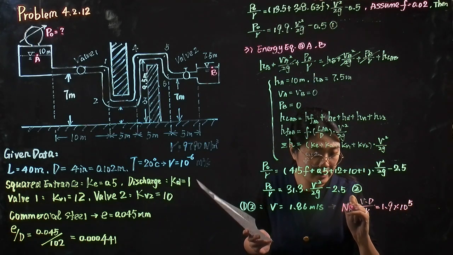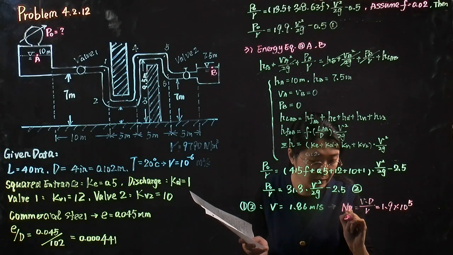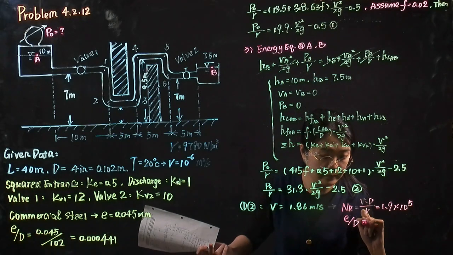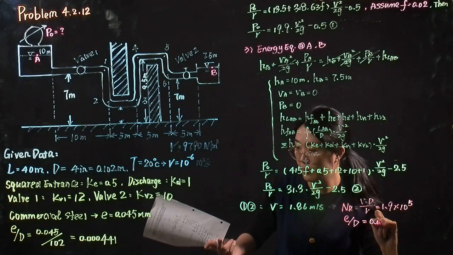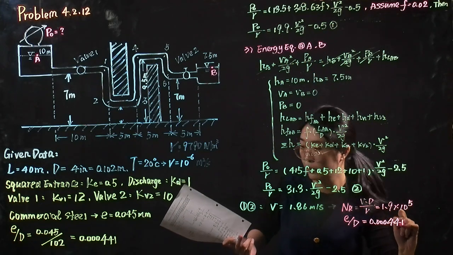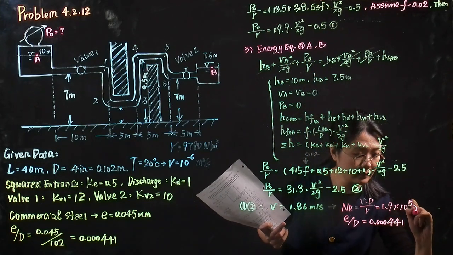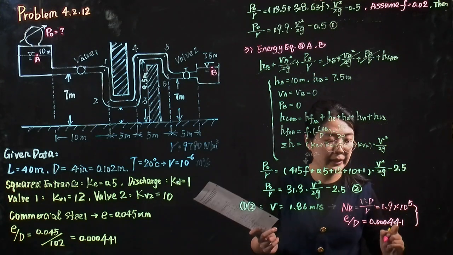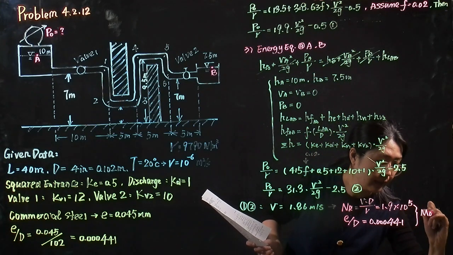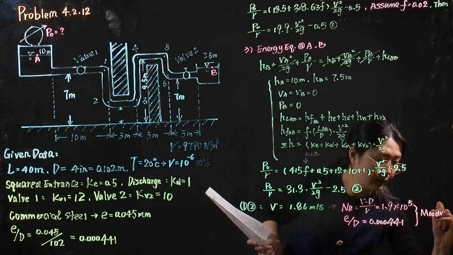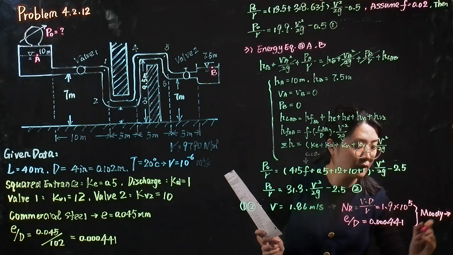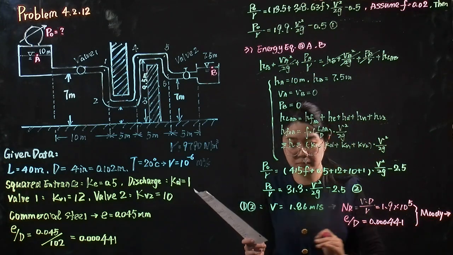And because the relative roughness is given over there, which equals 0.000441, we can get the friction factor by reading the Moody diagram.